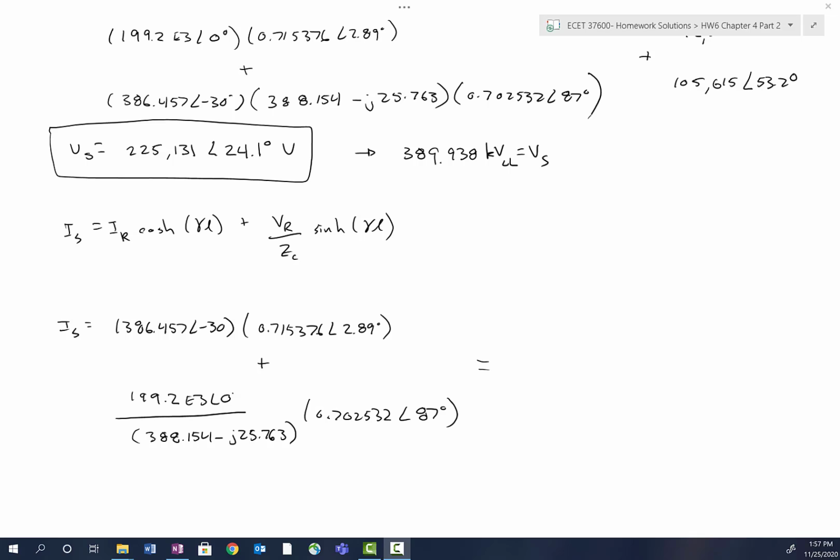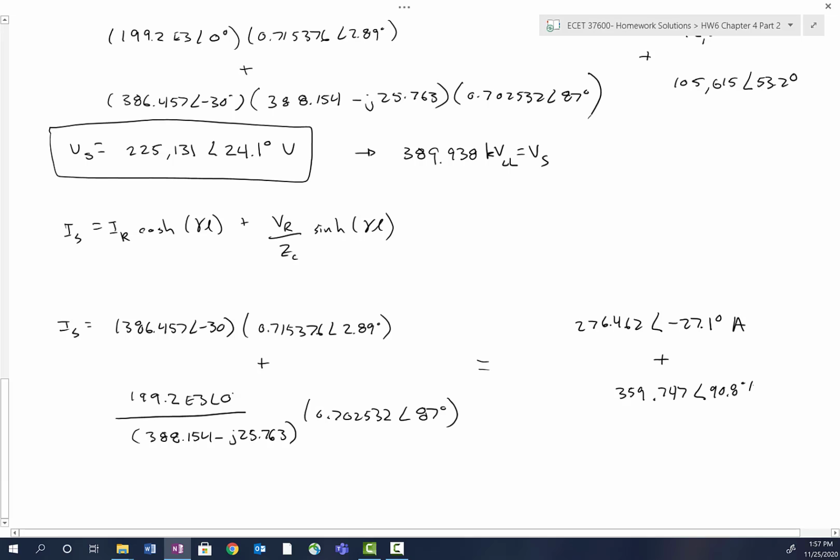Do that calculation for the top part, and you should get, what did I get? 276.462 at an angle of negative 27.1 degrees amps for that first portion of it. And then the second portion of it, you get 359.747 at an angle of 90.8 degrees amps.